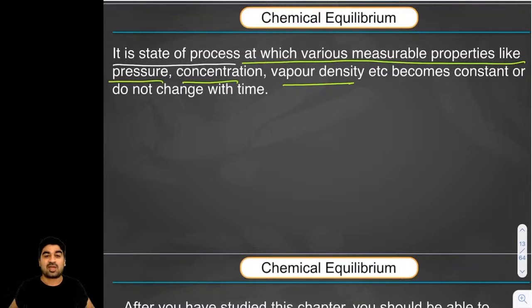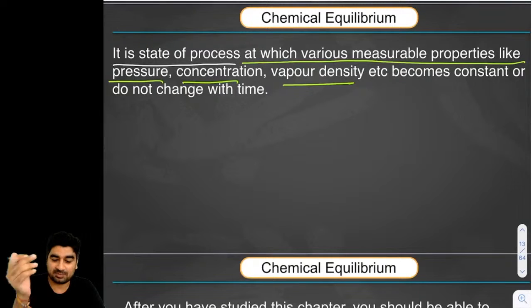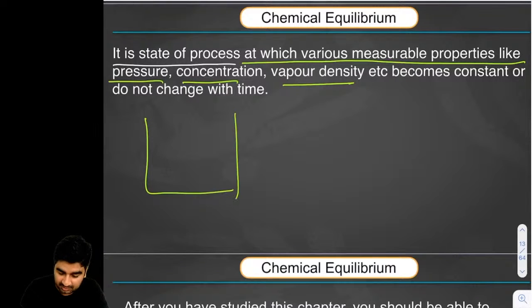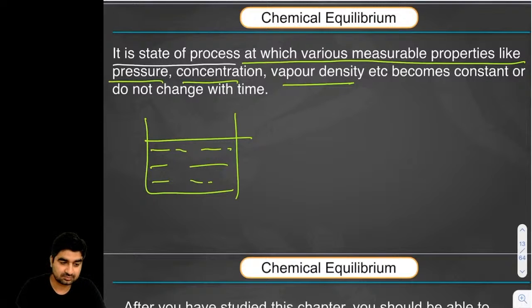Okay, guys. In normal day-to-day life, we call it the saturation point, but in chemistry, we call it equilibrium, when the rate of forward reaction becomes equal to the rate of backward reaction. It might happen when you are stirring a sugar solution.